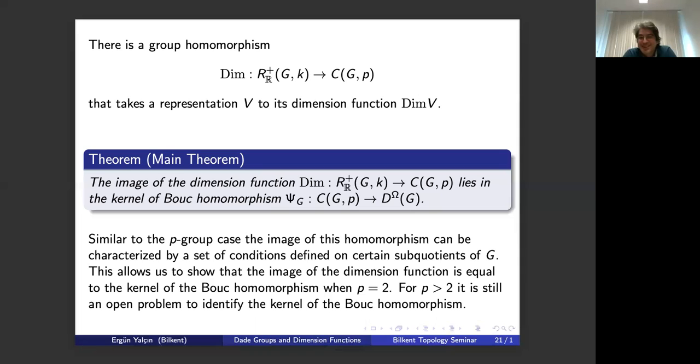Can I ask another question? Sure. So your symmetric group action on this 46-dimensional sphere, the dimension function of that, can that be in the kernel but not in the image of this dimension function? Okay, which action of which group? The symmetric group action, the S5 action.